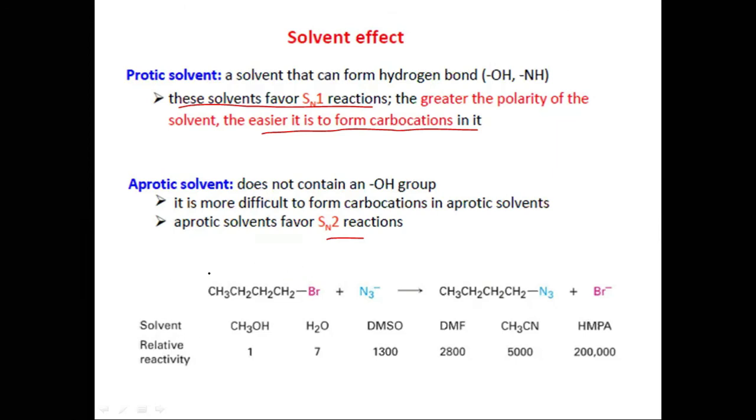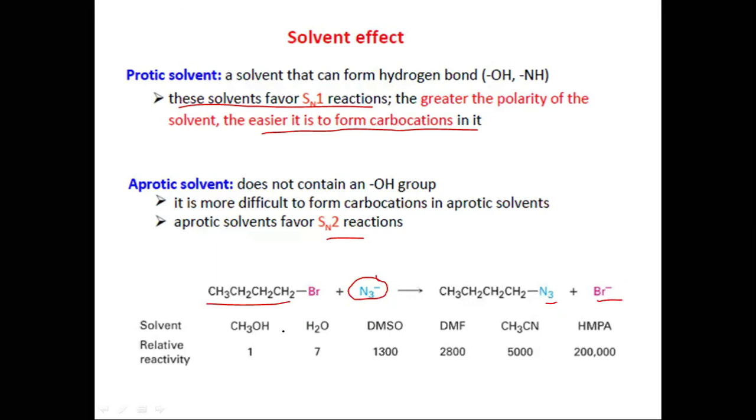Let us take an example of this. Bromobutane, using an azide-based nucleophile, N3 minus. In this case, CH3CH2 and so on, you are replacing the Br with the N3, and Br minus is the leaving group.